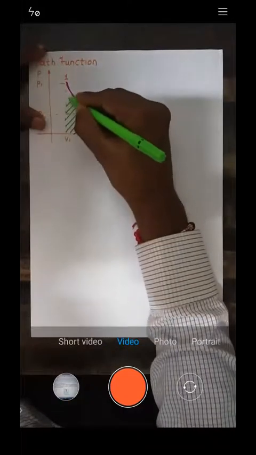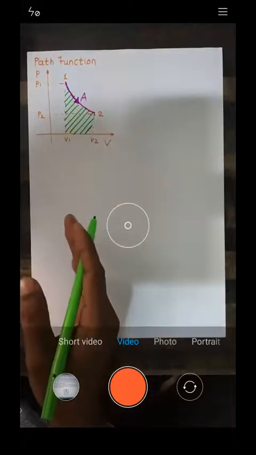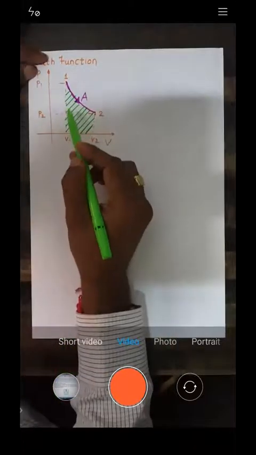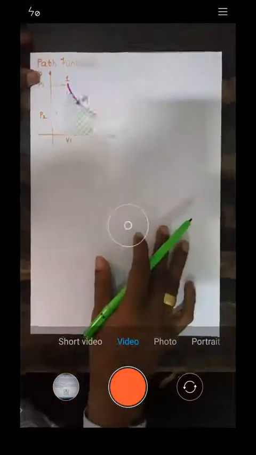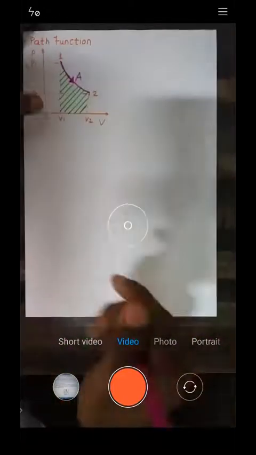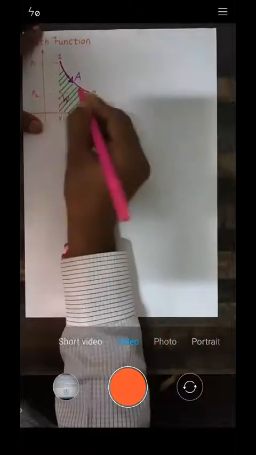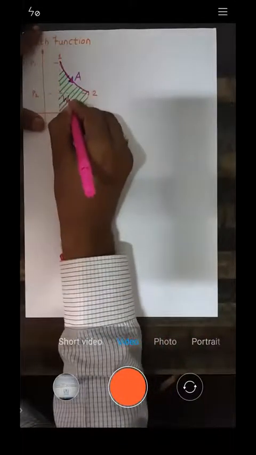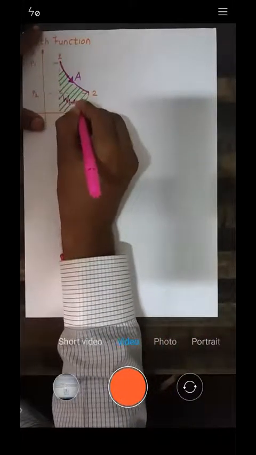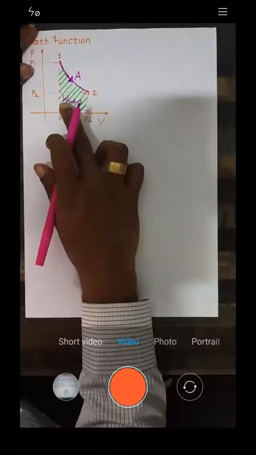As I told you some time before, this area will give me what? Can anybody tell me? Work done from 1 to 2. It will give me the value of work done for 1A2.